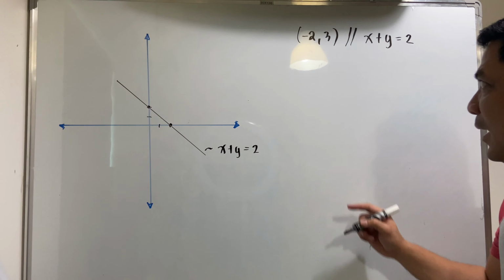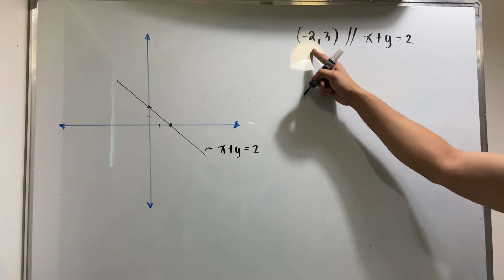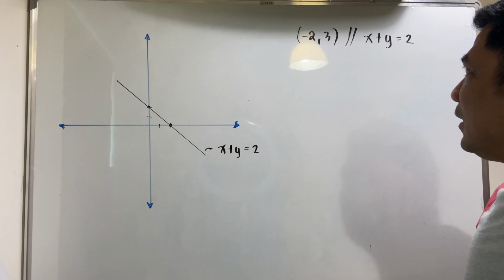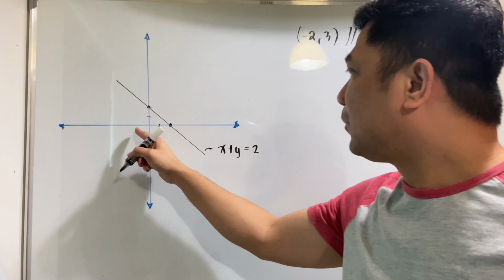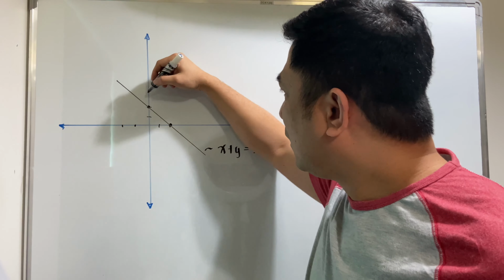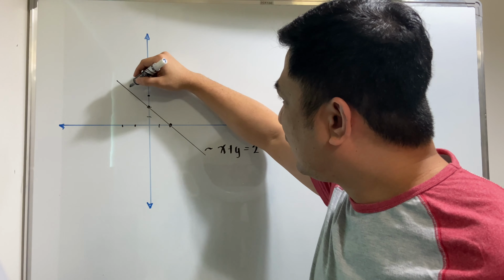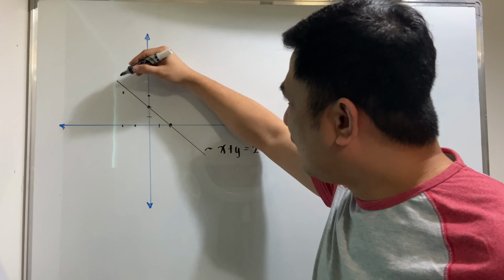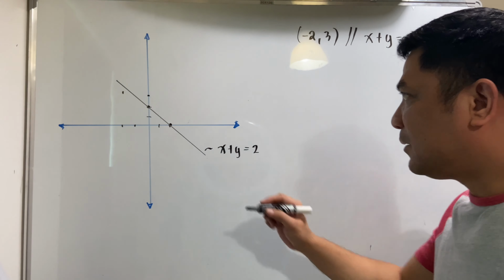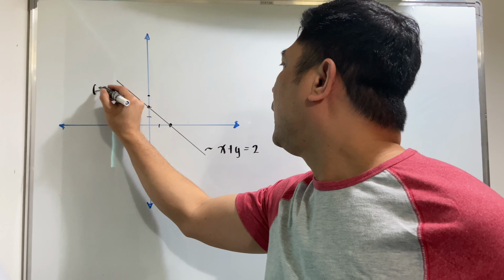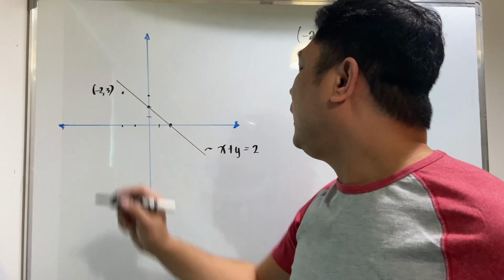Now, we are asked to find the equation of another line that is passing through negative 2 and 3. So where's that? Negative 2 and 3. Negative 2, 1, 2, then negative 3. So somewhere here. Okay? So there's another line that is passing through negative 2 and 3.